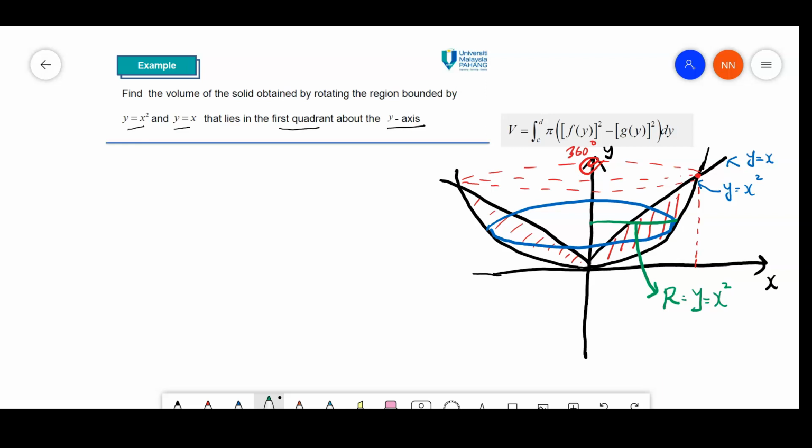Your outer radius touches the outside function, which is given by y equals x squared.